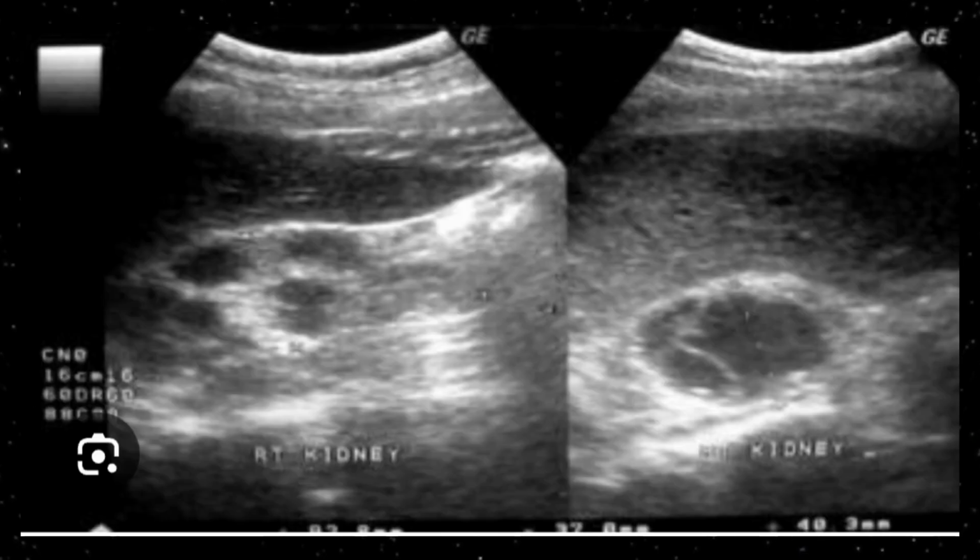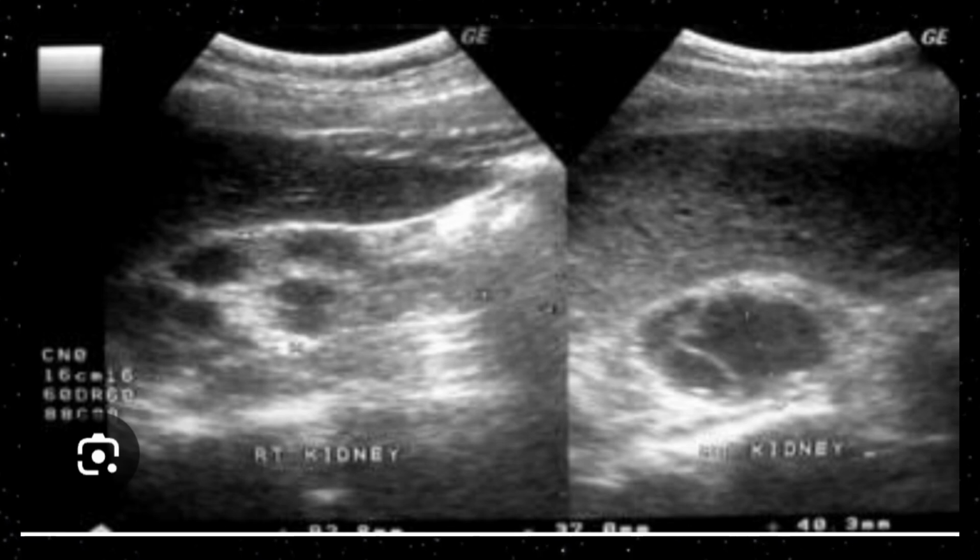On these transabdominal images on both sides, you can appreciate that this is acquired cystic kidney disease. How can we appreciate that? Because the cysts will look similar to other cysts. The one main important feature is that the kidney would be either small or normal in size, and the second thing is there may be some kidney disease or existing chronic renal disease.